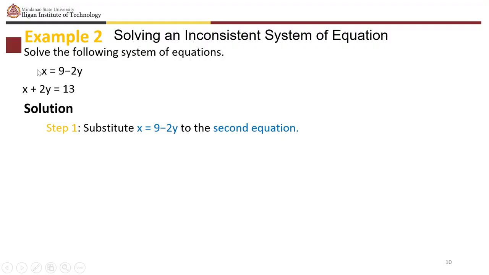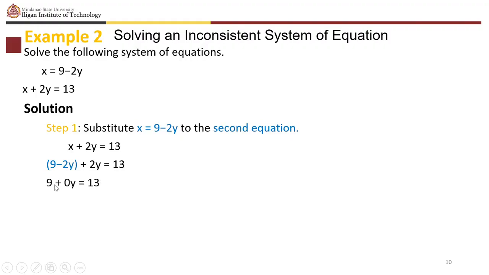Because it's already given that you have the value of x, you can substitute for x. So you will have x plus 2y equals 13, and then you substitute x equals 9 minus 2y here. So 9 minus 2y plus 2y equals 13.